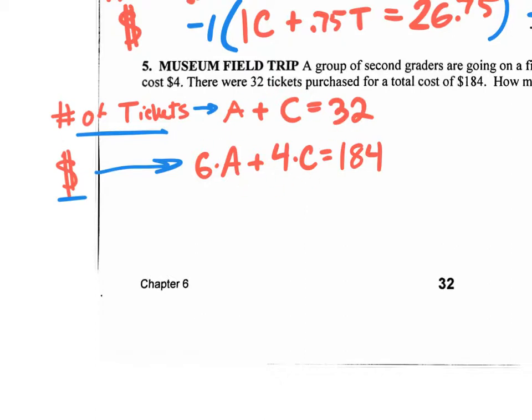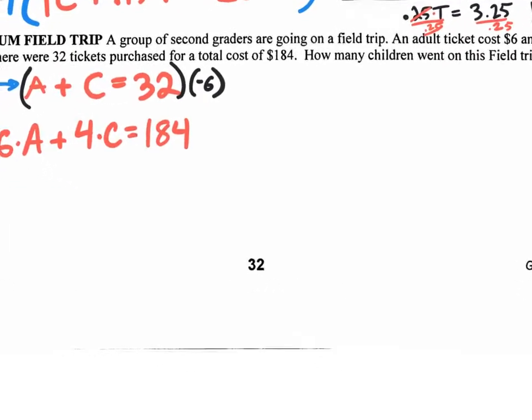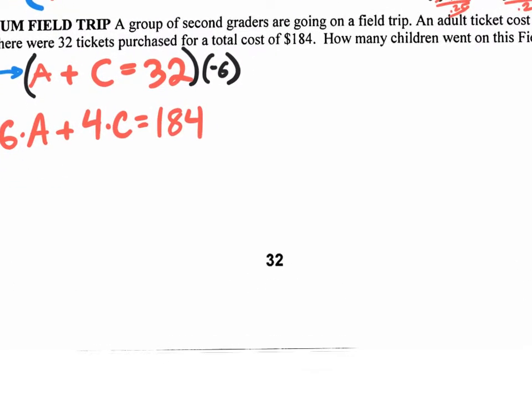So this is our system that we need to solve. So we either need to cancel out A's or C's. What would you rather cancel out? A's? Okay. So if you wanted to cancel out A's, you'd have to multiply this top one by what? By -6. So let me multiply that top equation by -6.